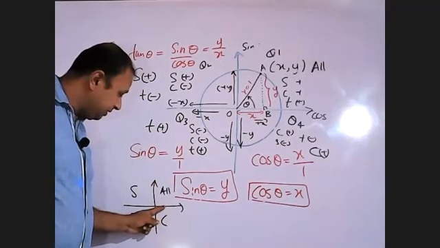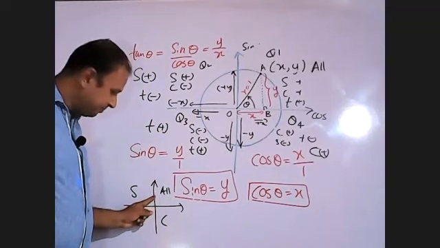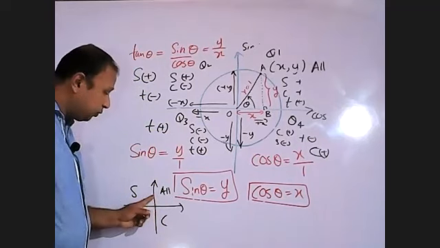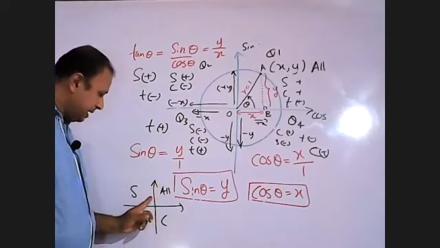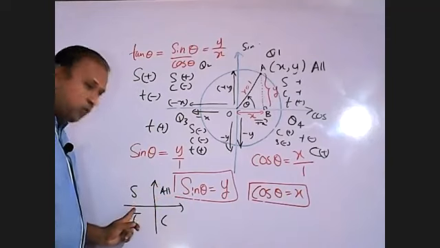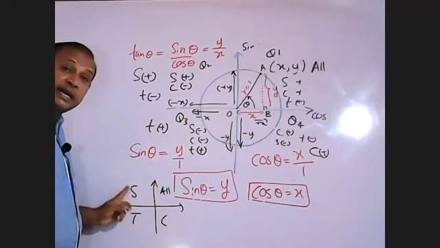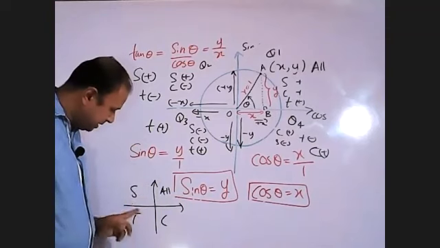According to that, for the angles between 0 to 90, all the trigonometric ratios are positive. For angles between 90 to 180, only the sin values are positive, other two values are negative.